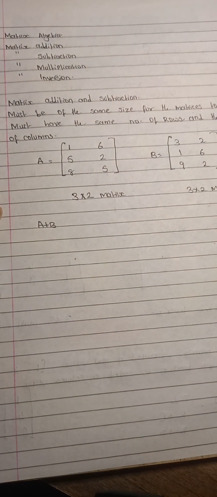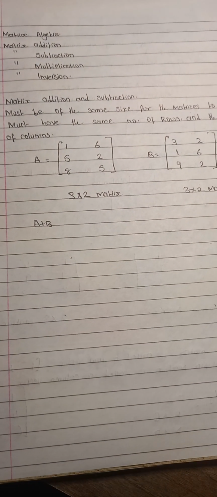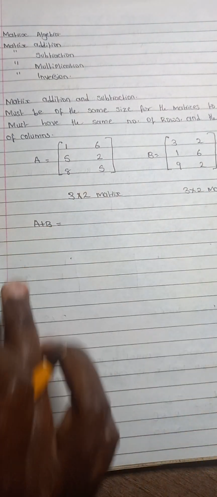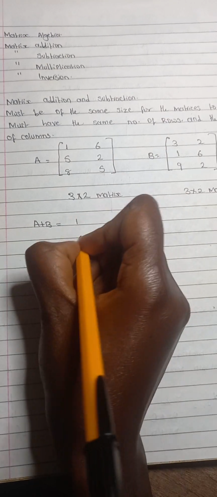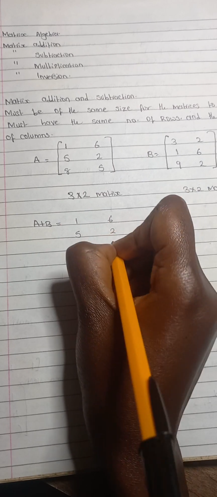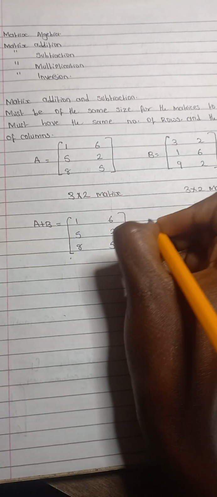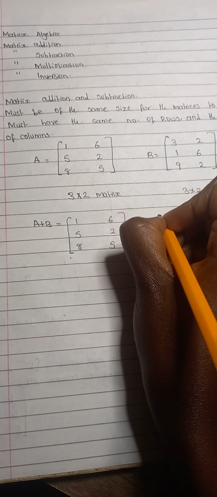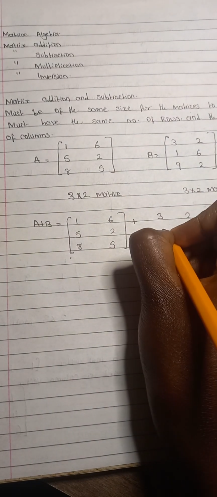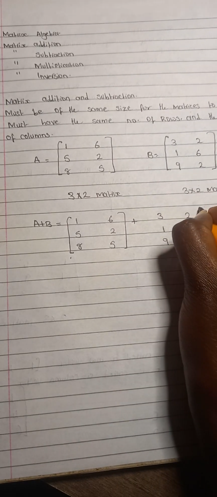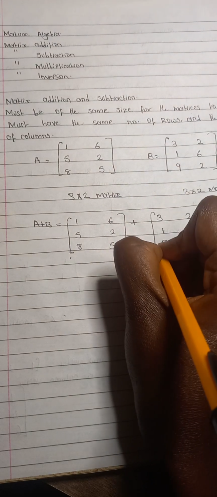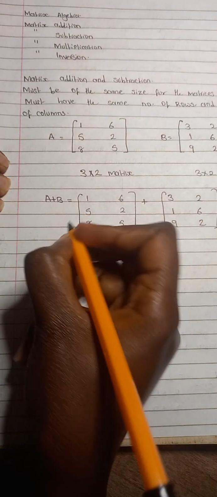Now let us look at how we add these matrices. So what is A plus B? You're going to write the matrices down, like so. Plus B is 3, 2, 1, 6, and 9, and 2. How do you add this?